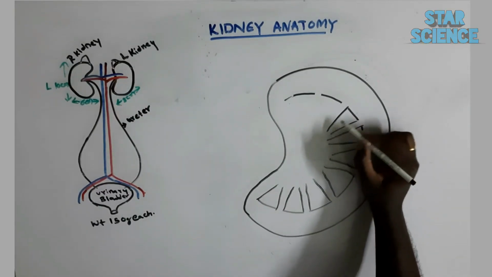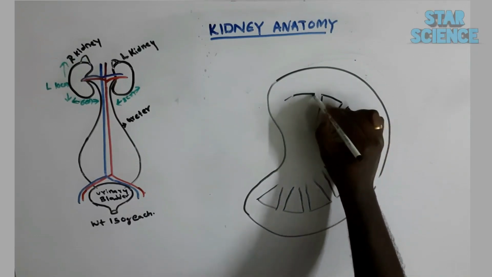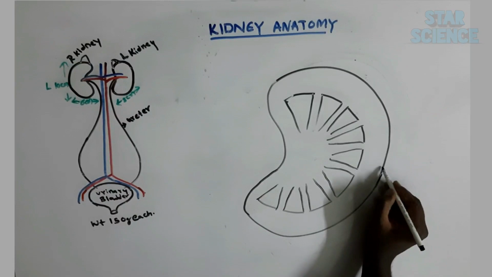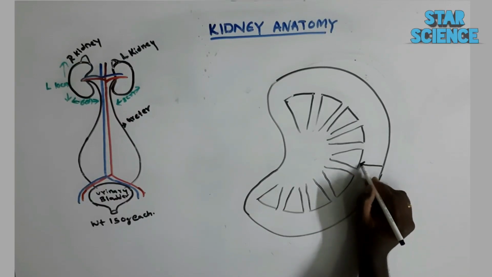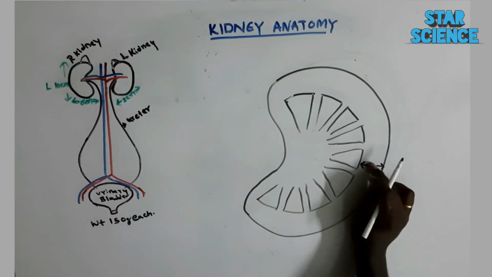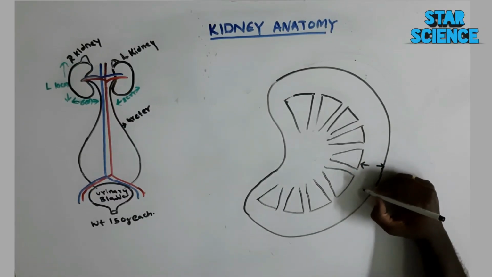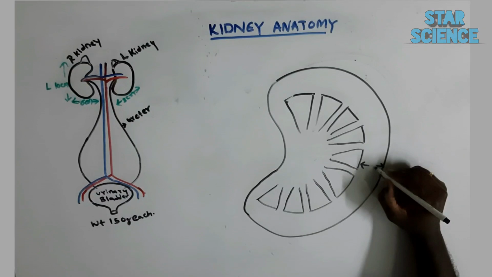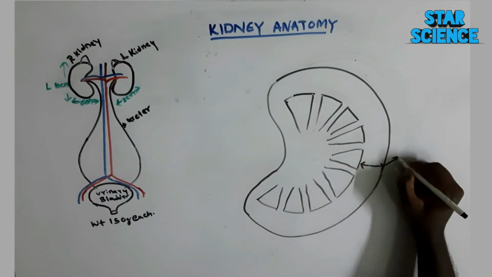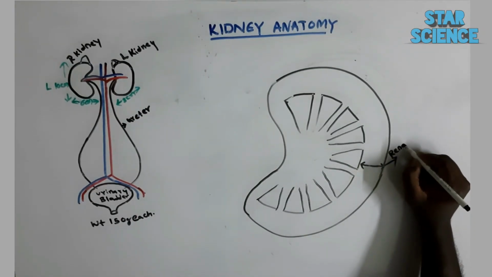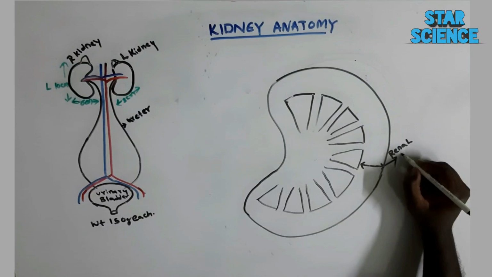It is the renal medulla. The place where I am drawing right now is the cortex. Where I am showing is the inner juxtamedullary zone. Where I am showing right now is called the outer cortical zone of the cortex. Altogether, it is called the renal cortex.